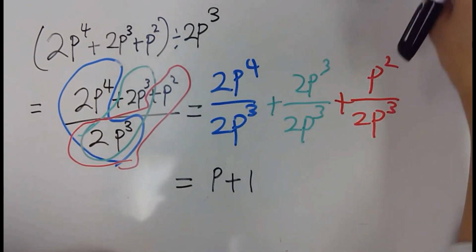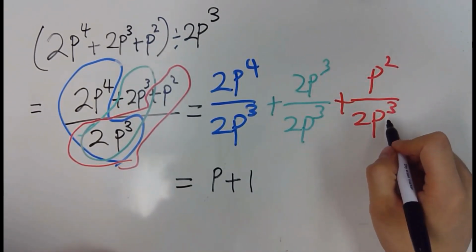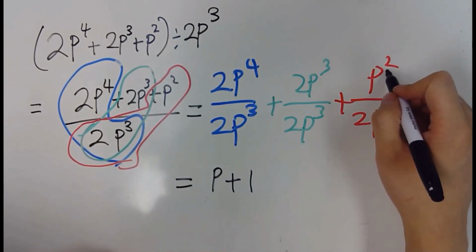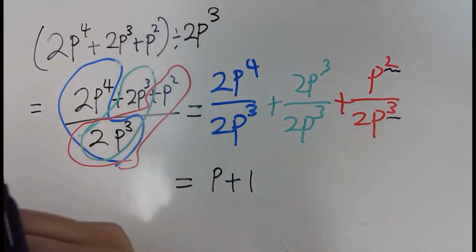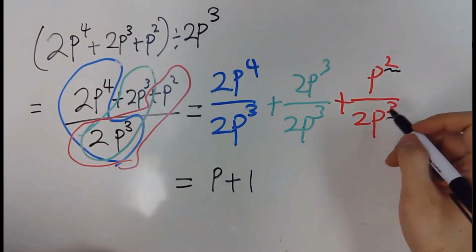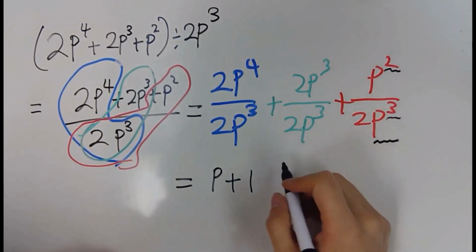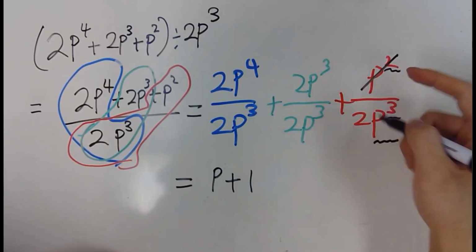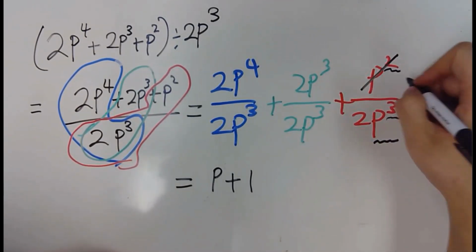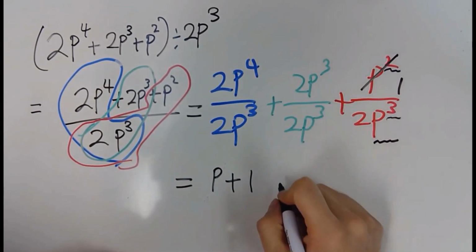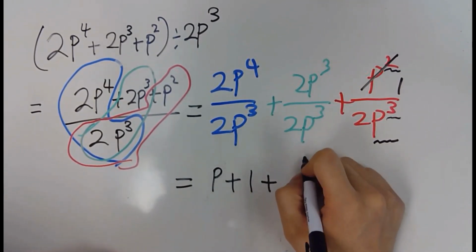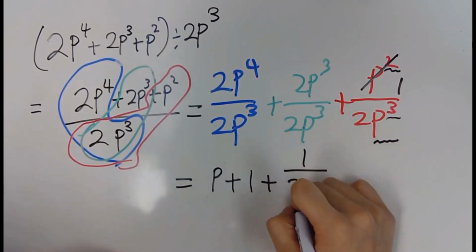Here, the exponent on the bottom is bigger than the one on the top. We still subtract, but we're still going to have p on the bottom. So on the top, p squared will be cancelled, but we're dividing, so it will stay as 1. And so it will be 1 over 2p.